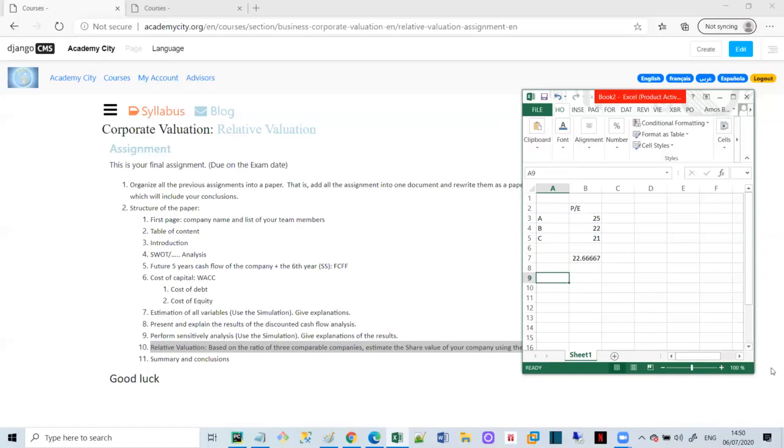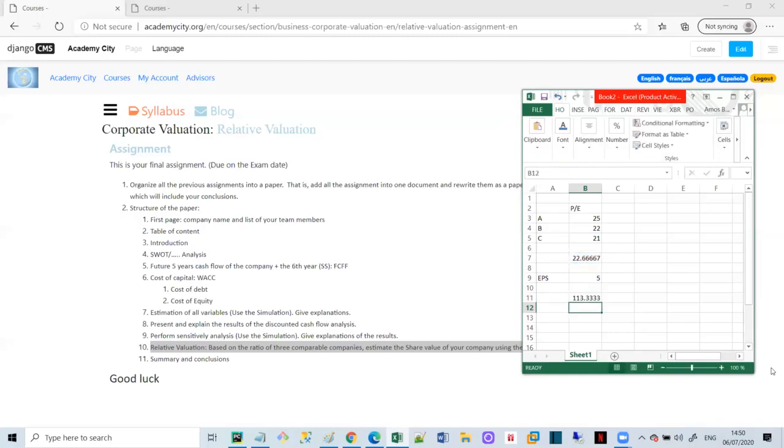What we need to find out is the earning per share of our own company. Let's assume it's $5 per share. So what's supposed to be the share price? That's really what we're looking for. It should be 22.6 times the 5.